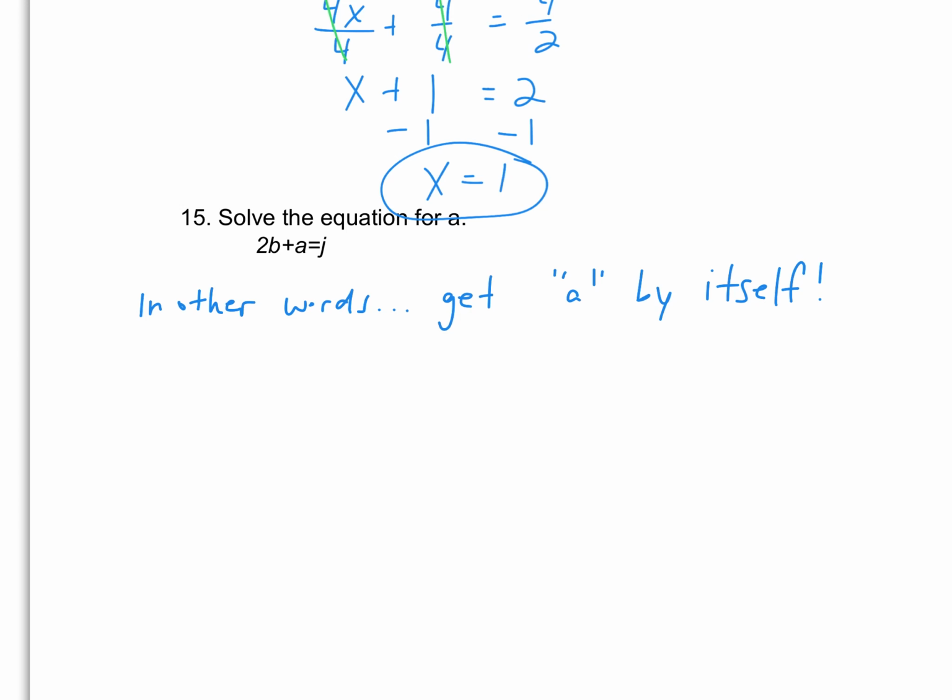Get A by itself. Those are supposed to be quotes for A. So if I write this down again and say, how do I get A by itself? Well, this one's not too bad because 2b is being added to it. So let's just subtract 2b from both sides. And actually in one step, we just got A by itself, j minus 2b.